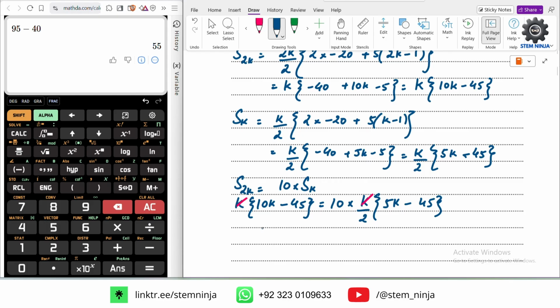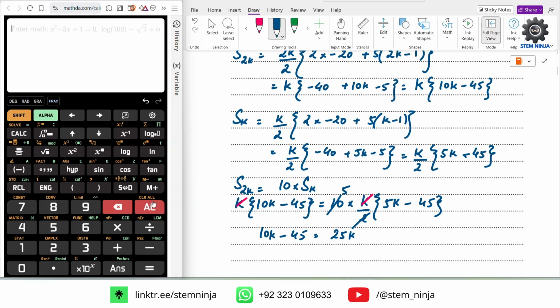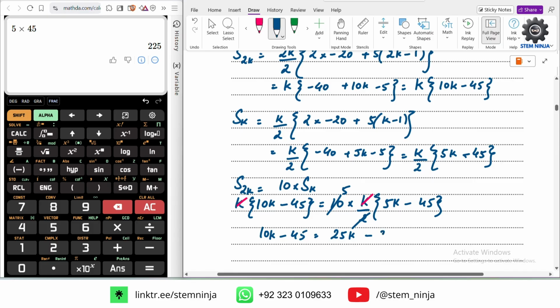So you can get 10k minus 45 is equal to 5 times by 5k, which is 25k, and 5 times by 45, which is 225.